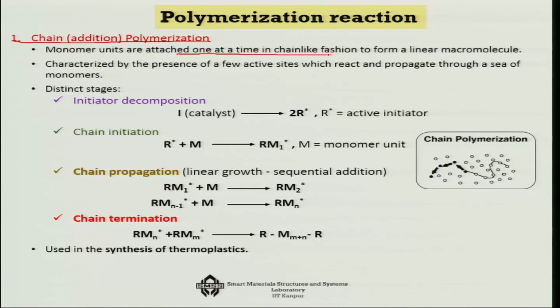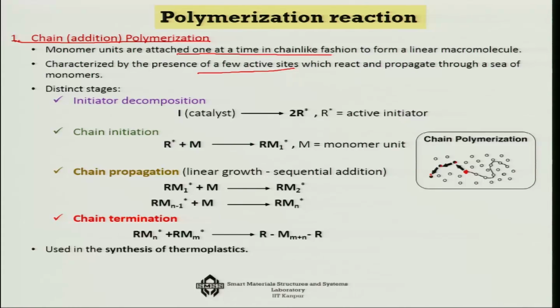Okay, so there are only a few active sites in this case from where the polymerization will start. Like this is one active site, and then one after the other the process of polymerization is happening. Only very few such active sites are there.